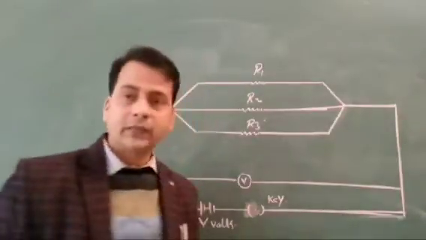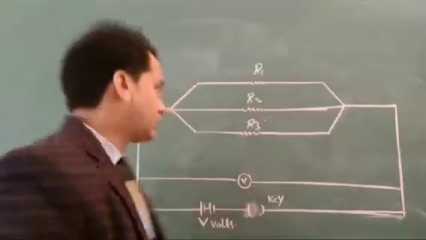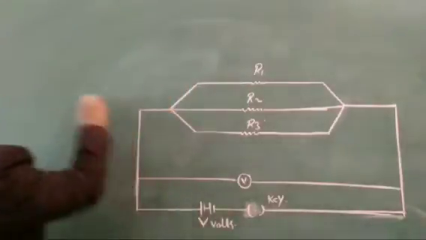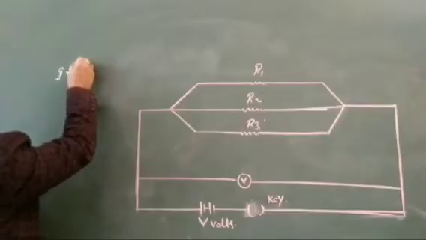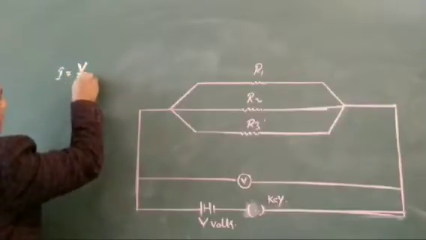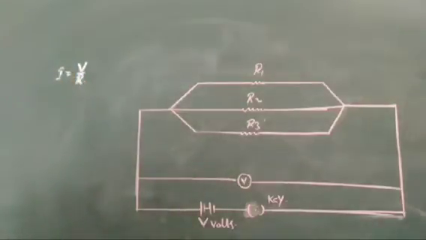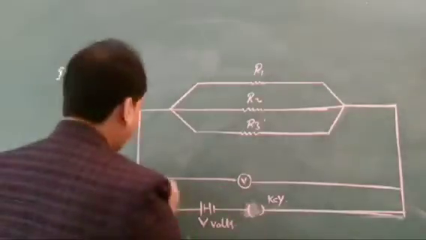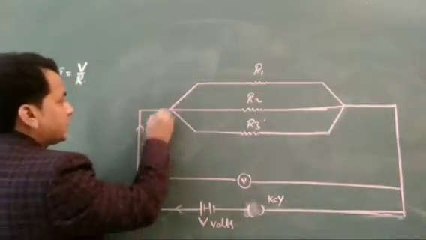So now let us start. According to Ohm's law, I equal to V by R. So here are R1, R2 and R3 in the parallel combination in this circuit. The current I flows from the positive terminal to the negative terminal.